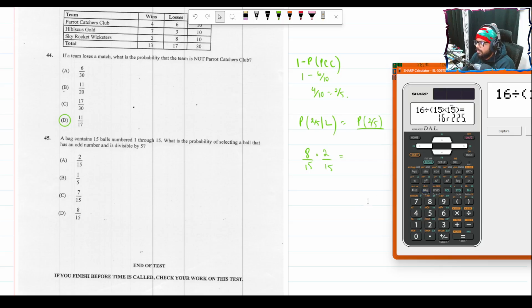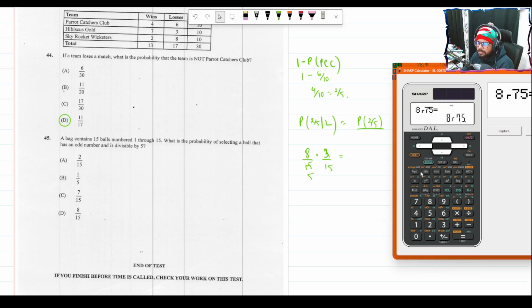Cannot be 3, because what's the probability of us selecting a ball that has an odd number? You select a ball that has an odd number and it's divisible by 5. It can't be that. 8 over 15 by 5, 75. 8 over 75. Yeah, it can't be that.